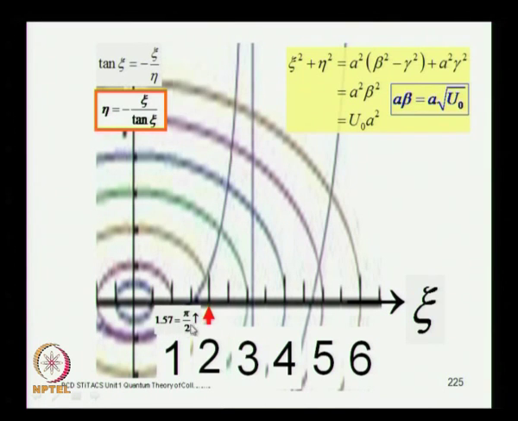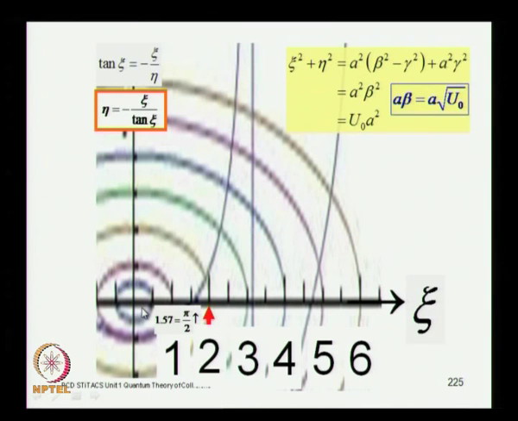Now, this is the value of pi by 2, and notice that this is 1.57 on this axis, right. So, this is pi by 2, and below pi by 2 this curve is negative, the minus xi over tan xi is negative. Now, because this is negative, you do not have any solution for anything less than this.